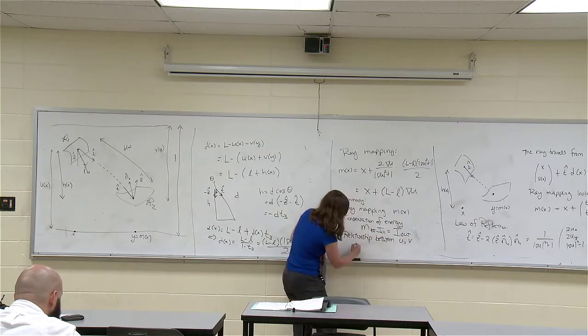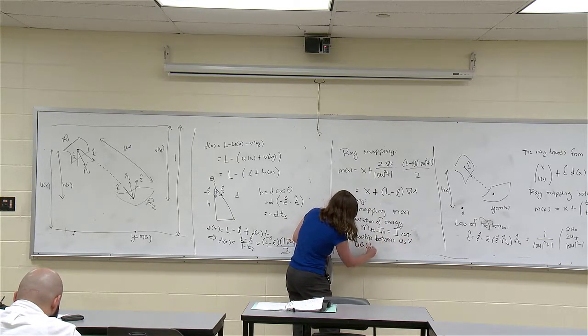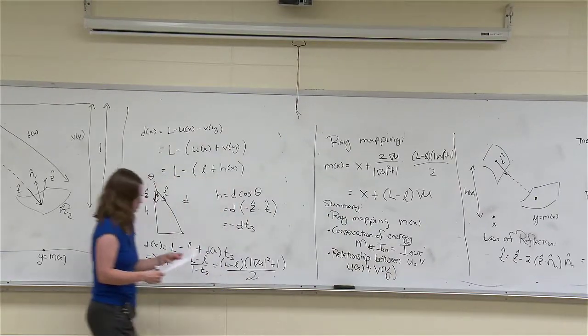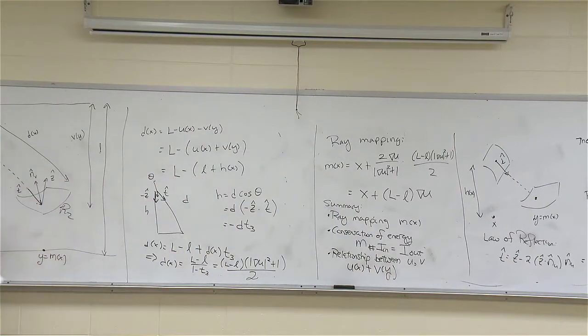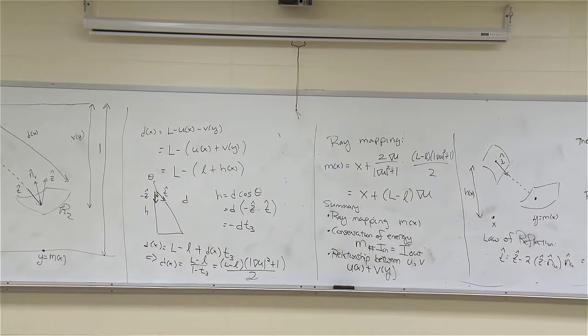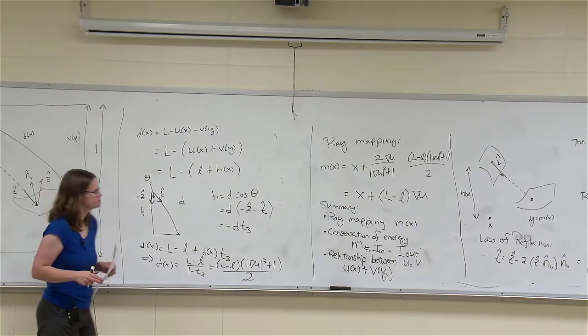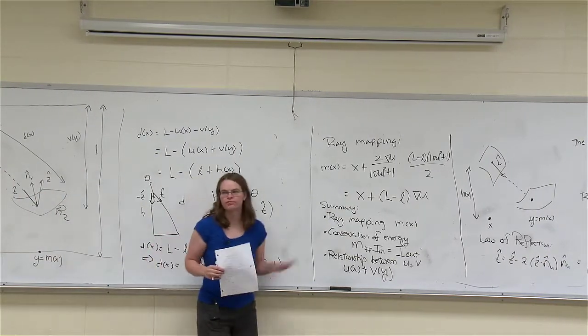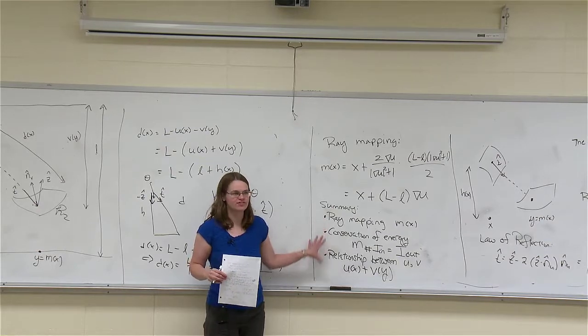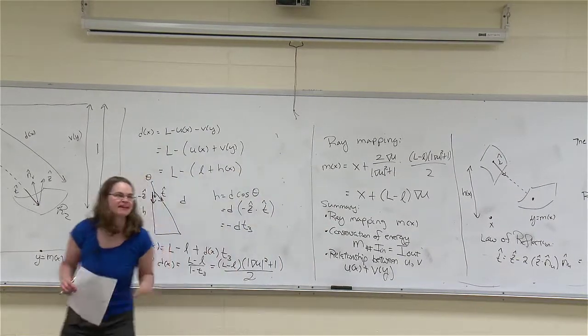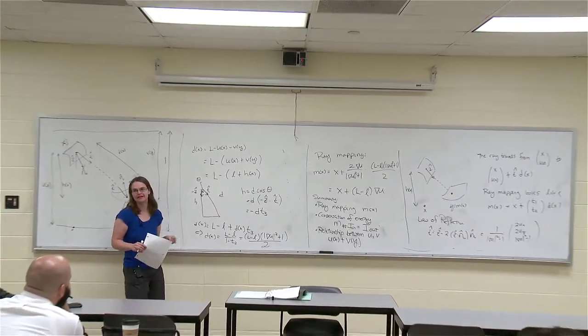In particular, we have an expression for u of x plus v of y. You believe me that we have these things? Okay. I haven't built a reflector yet, but at least I've learned a little bit.